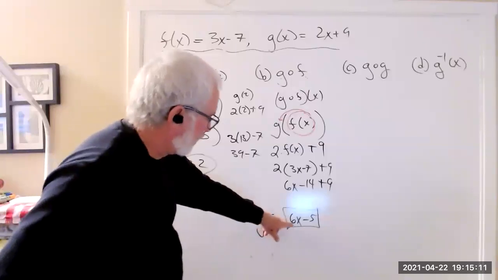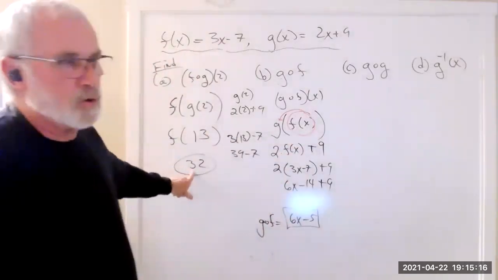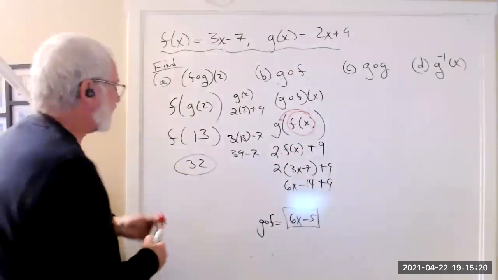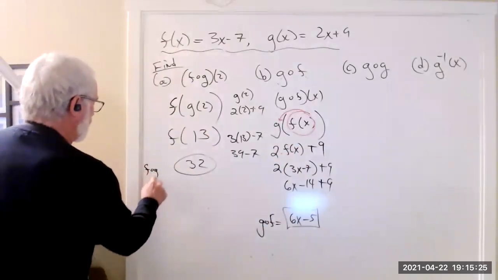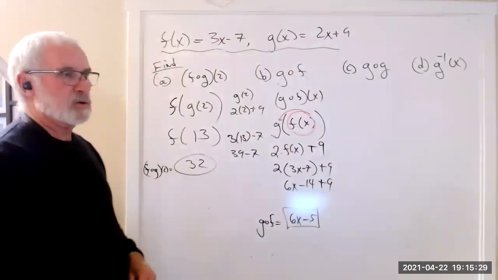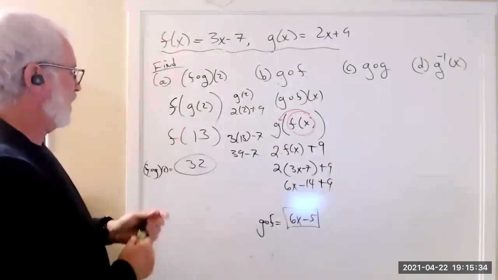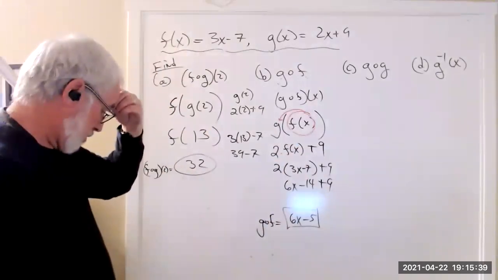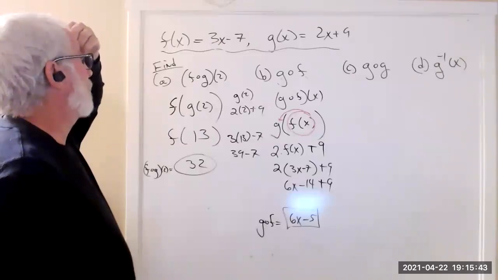If you just circle, like on this one, 6x minus 5, fine, I'm happy. If you just circled 32, cool. But technically you are correct. I should be writing F circle G of 2 is worth 32. That's the concluding statement to this work. But if you circle 32, I'm happy. Vince, did you figure out what you did? Yeah, instead of minus 7, I put the 9 on the outside again. Oh, okay.